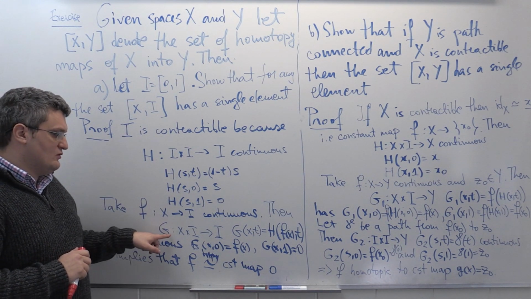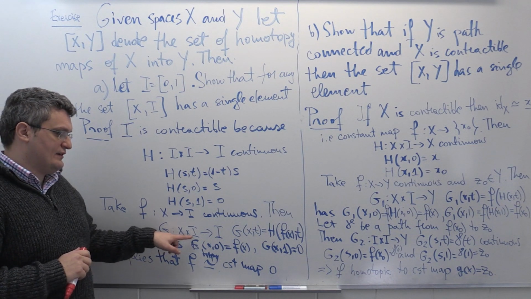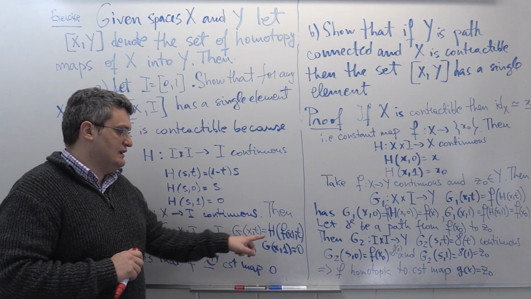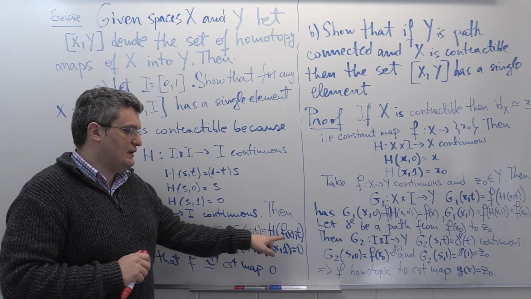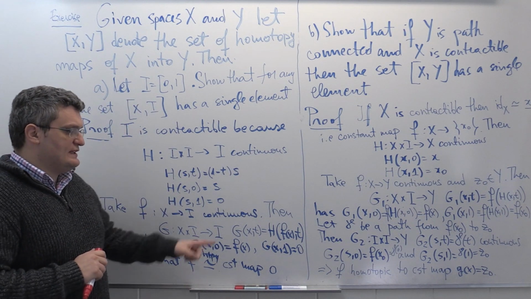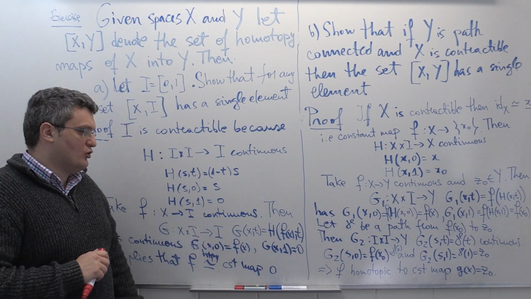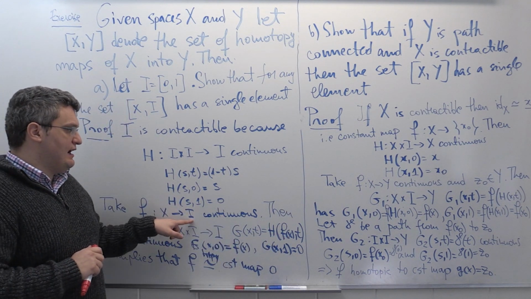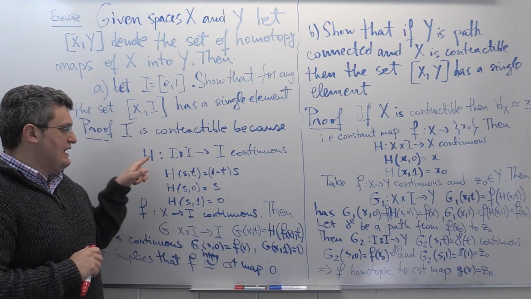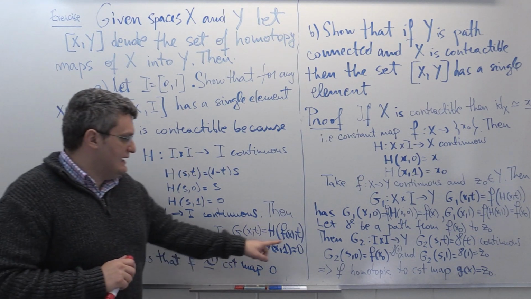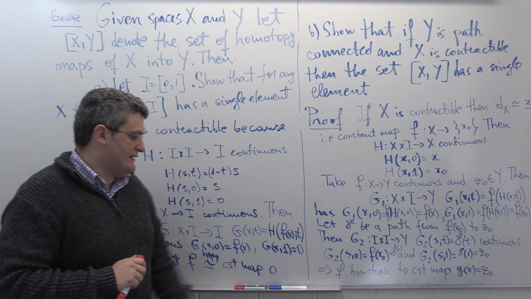So construct the homotopy G from X times I with values in I, G equals H applied to f of x and t. Notice that this is a well-defined homotopy. The image of f is in I and H is defined on I times I.